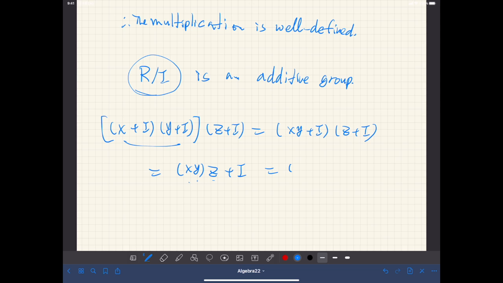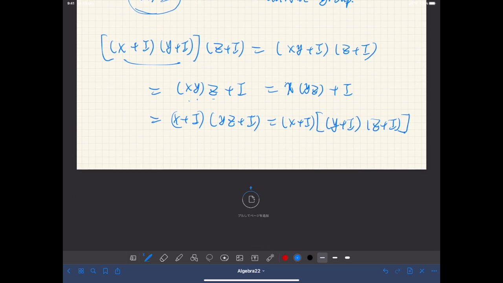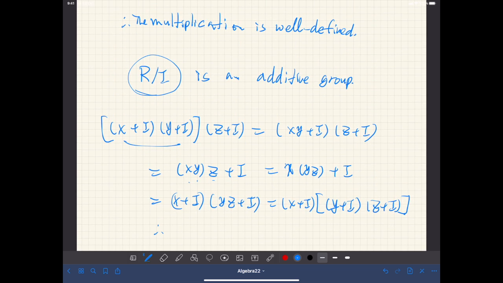So we have x times yz plus I. So that is x plus I times yz plus I, and y plus I times z plus I. So the associativity holds.